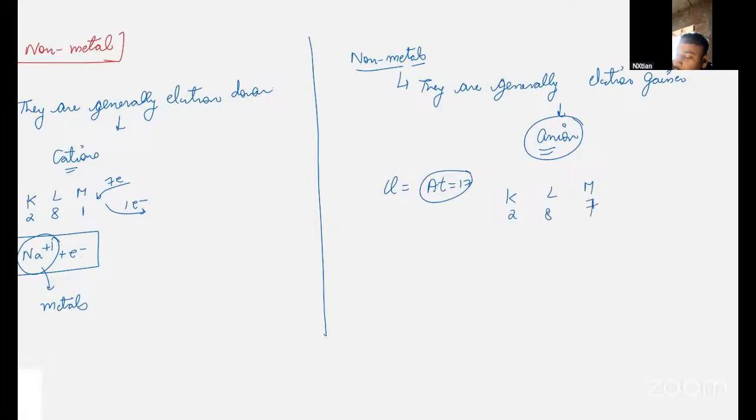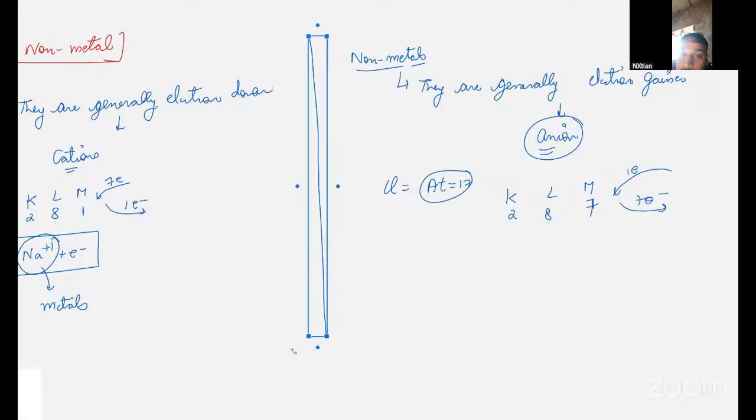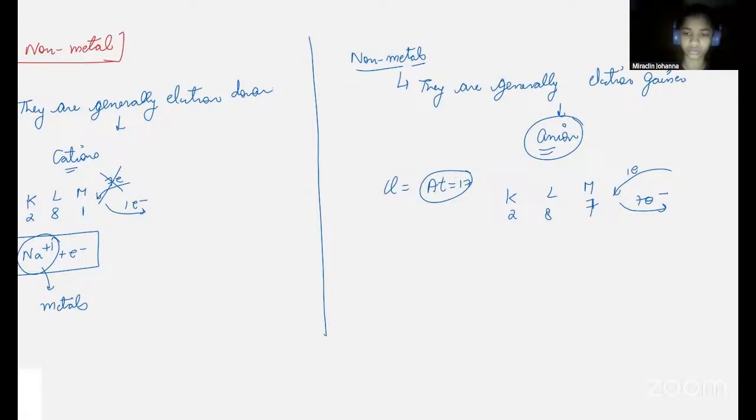So it has two options: to take 1 electron or to give 7 electrons. So which one is easy for it? Miraculin, which one is easy for chlorine, to take 1 electron or to give 7 electrons? To gain 1 electron.